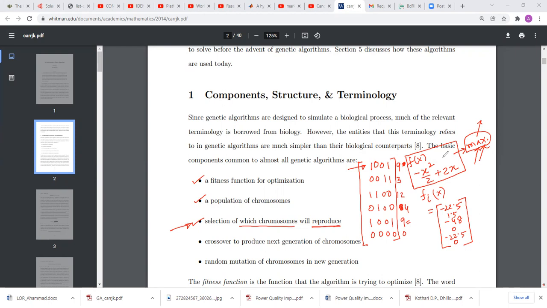Okay. So now with our initial generation, what is the best fit individual or best fit chromosome from this one, if it is a maximization problem? So let's write down the ranks. Which one is the first one? This is the first one, right? 1.5.